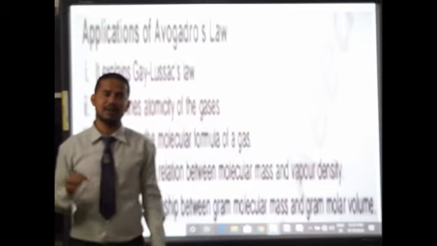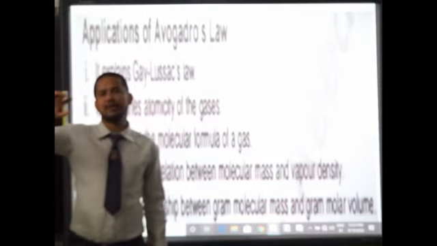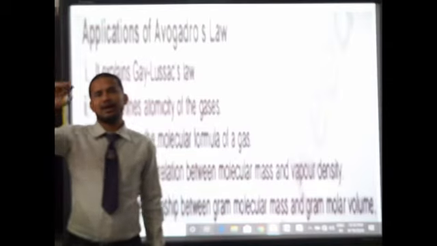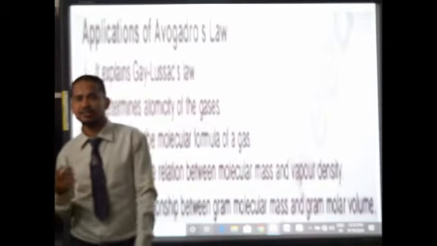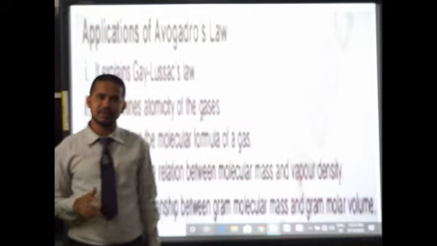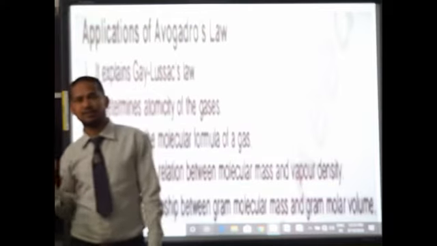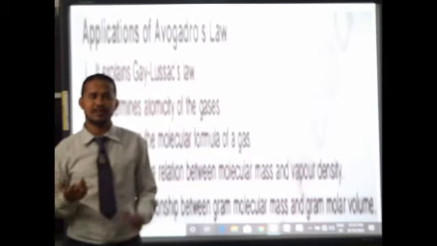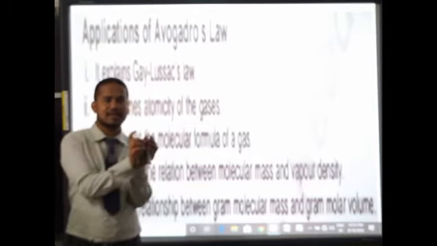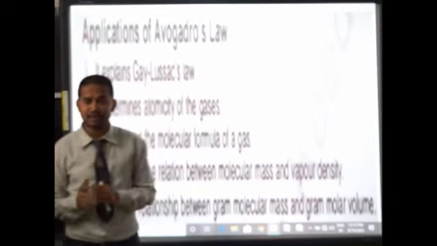For example, the number of molecules in 1 liter of hydrogen gas is equal to that in 1 liter of oxygen gas. 1 mole of hydrogen gas is equal to 1 mole of oxygen gas, or 1 volume of oxygen gas is equal to 1 volume of nitrogen gas, in number of molecules.